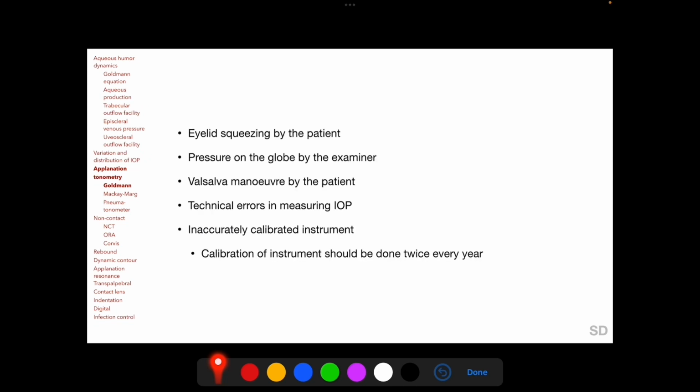Other factors include eyelid squeezing by the patient, pressure on the globe by the examiner while holding the eyelids apart, Valsalva maneuver by the patient, particularly obese patients attempting to lean forward to reach the slit lamp, technical errors such as asymmetrical mires or the inner ends of the mires not touching each other, and an inaccurately calibrated tonometer. Calibration of the tonometer should be done twice every year.